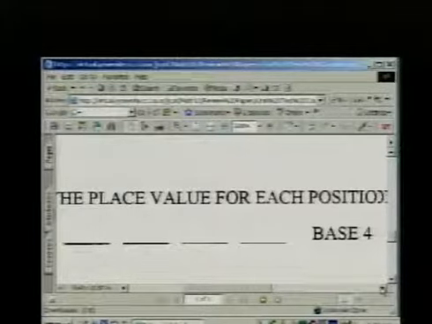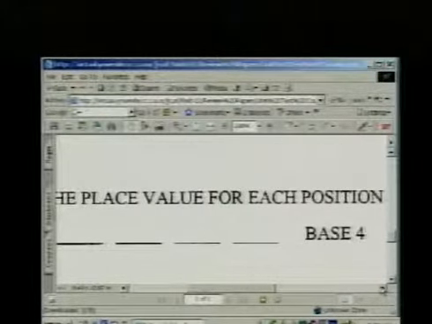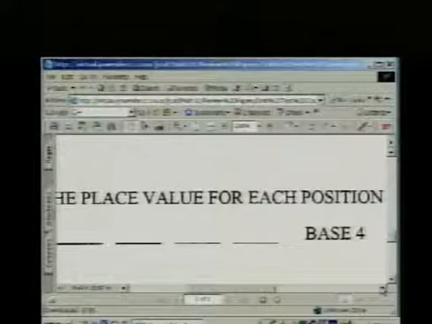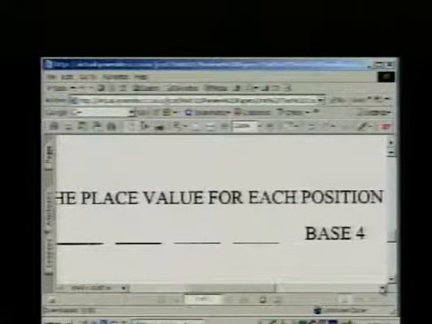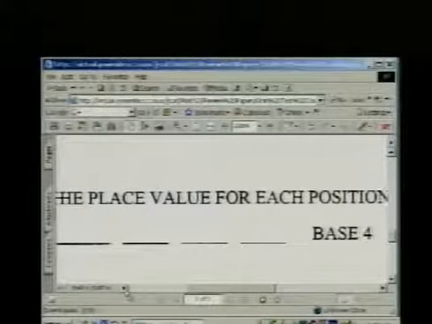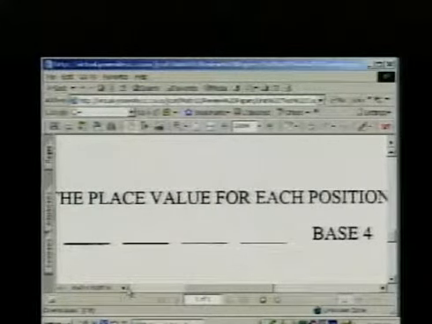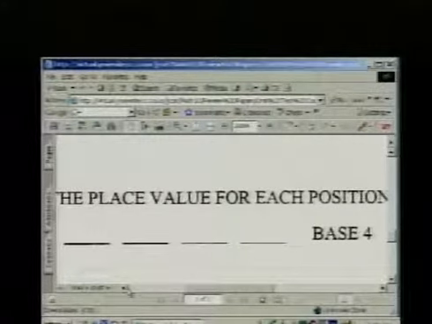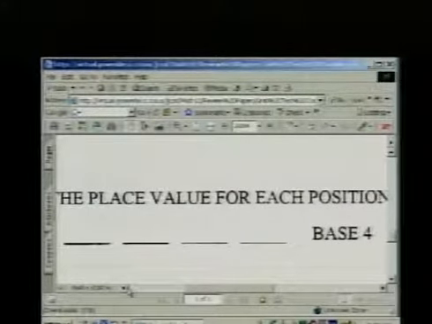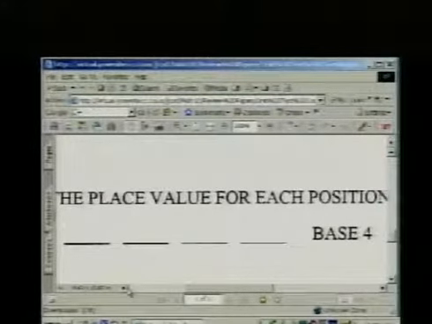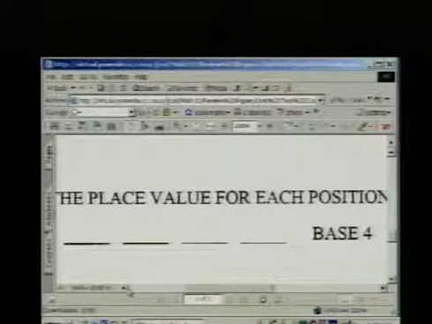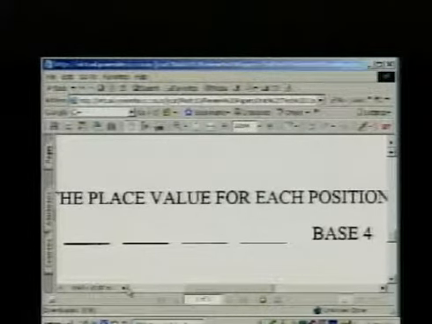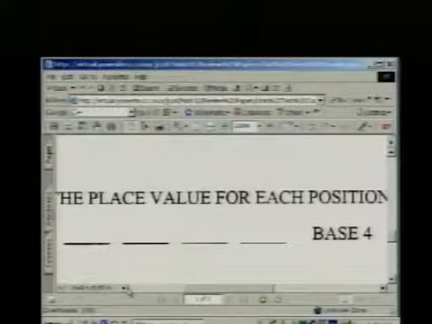If I'm in base 4, we have just 4 spaces that you can see on the screen. That's enough. I'll come over just a little bit so we can center it better. What are your place values for those first 4 place values in base 4? Again, you can probably do this in your head. That's the intent here: short answer questions, as we review some short answer problems in the counting unit.